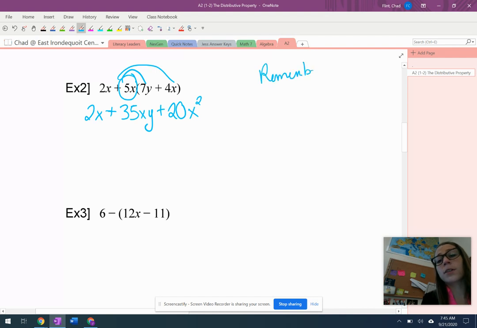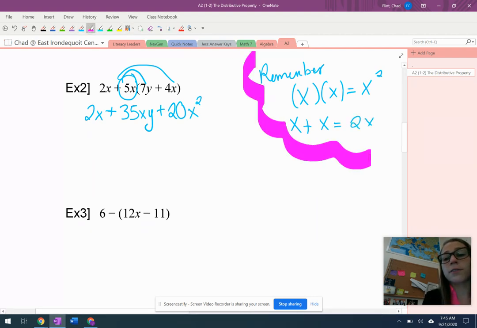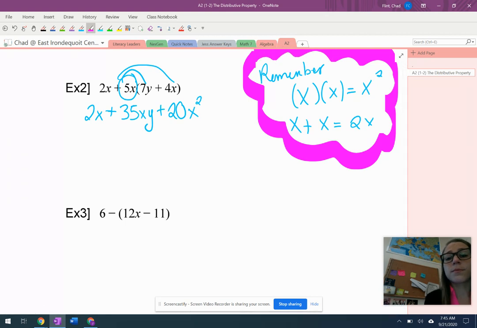Remember, x times x is x squared. X plus x is 2x. A little side bubble here for a minute. Okay, and so taking one last double check there that there are no like terms, and there aren't because that x has a squared and that one has a y.